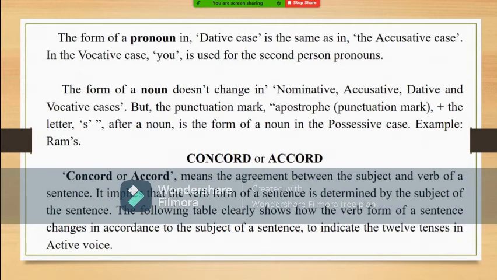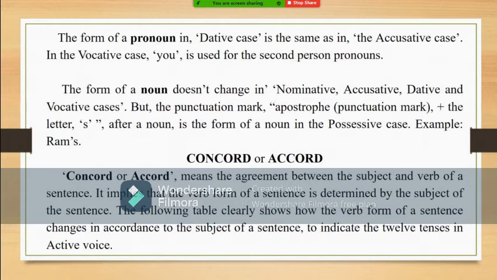Even in calling, vocative cases also. If you call Rama, how will you call Rama? Hey Rama! There also the same noun. It doesn't get any change. There is no change in the form. So, a noun, there will be no change in 4 cases. When it is a subject, there is no change. When it is an object, there is no change.